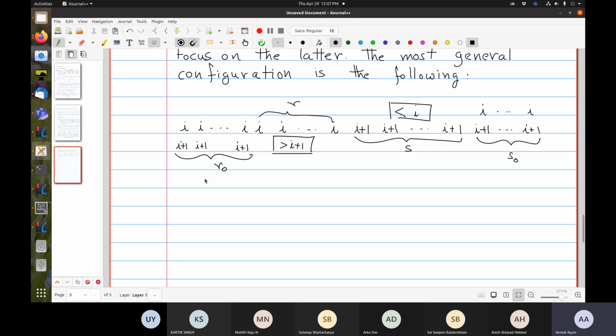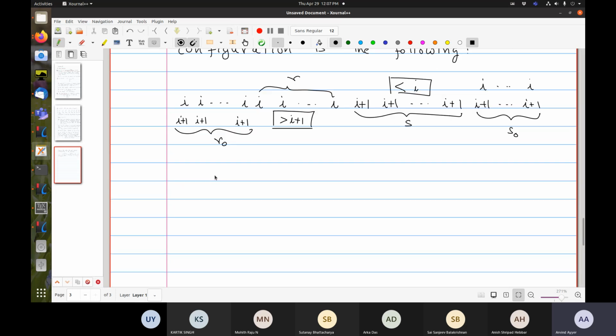All right. Now it's easy to see what to do. So now I define phi of such a tableau.